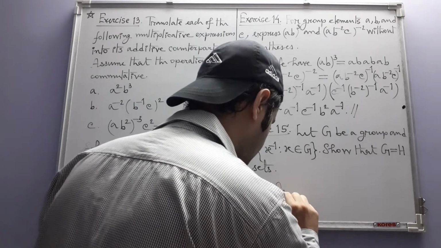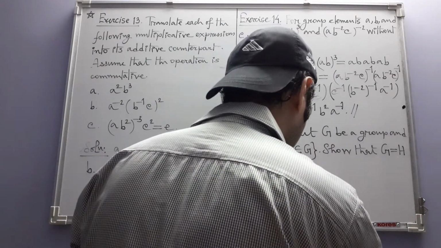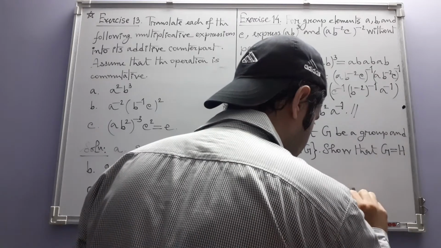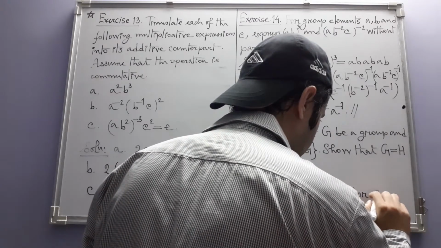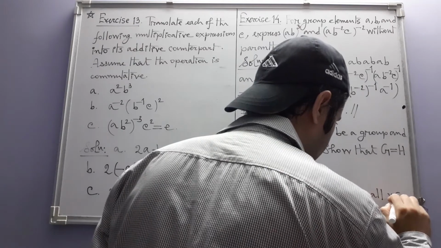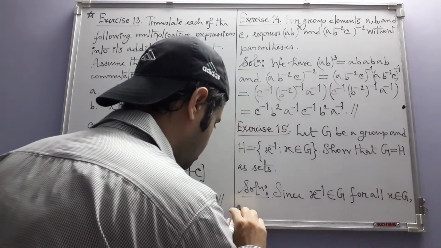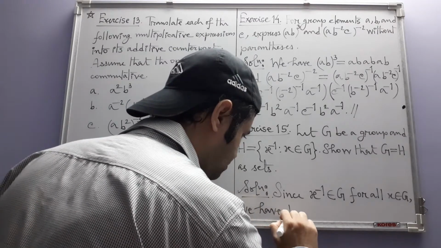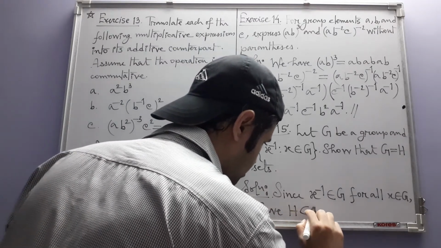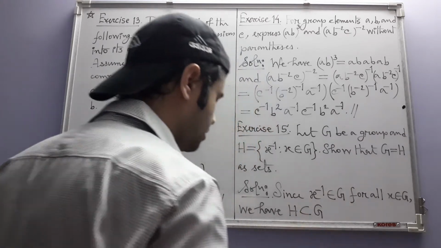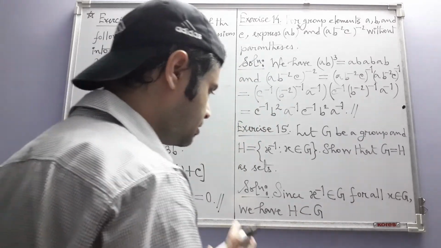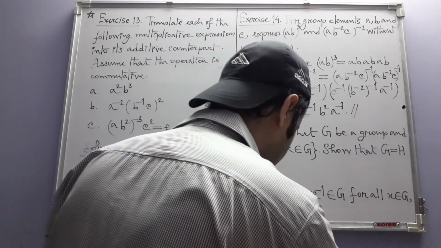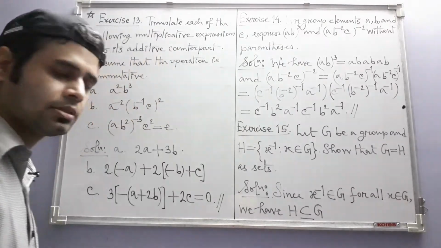Since X inverse belongs to G for all X belonging to G, we have this. H is a subset of, oh, I forgot whether in this book this symbol represents subset or this symbol represents subset.